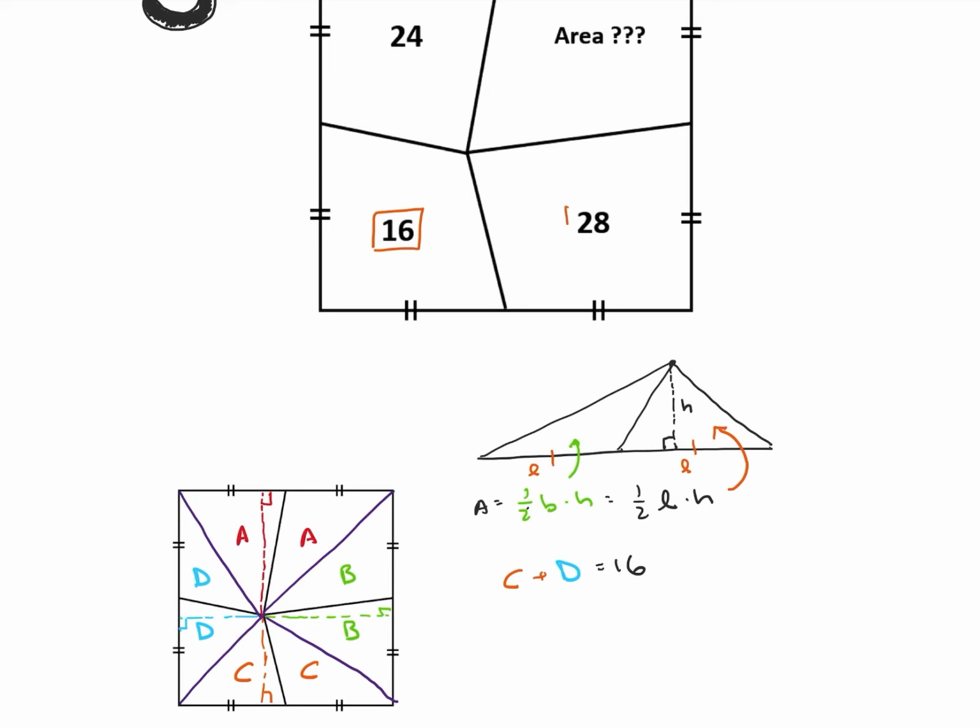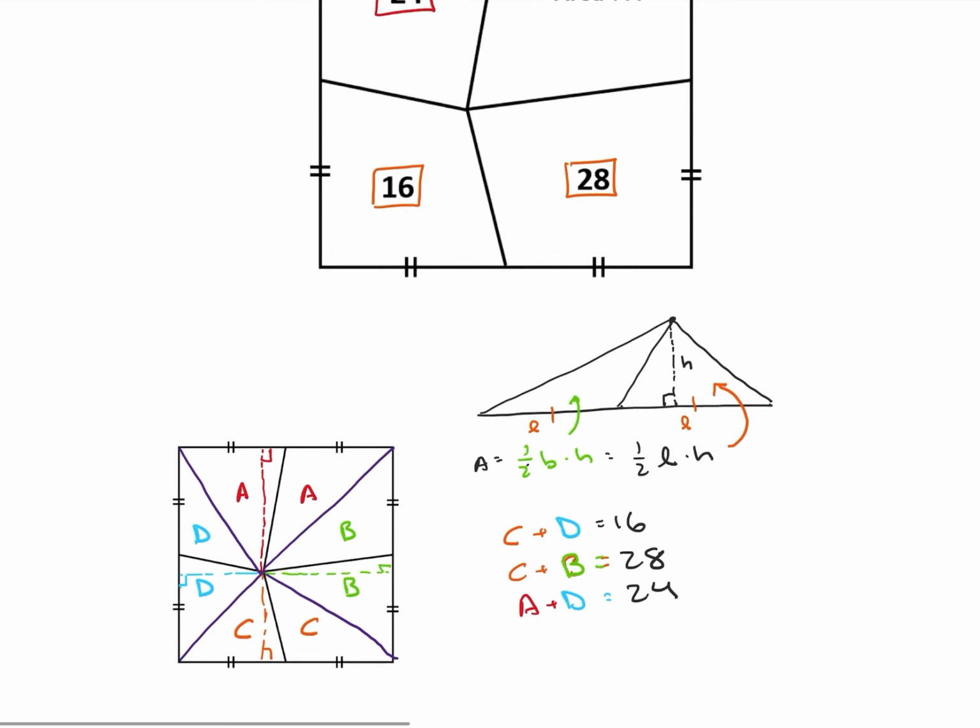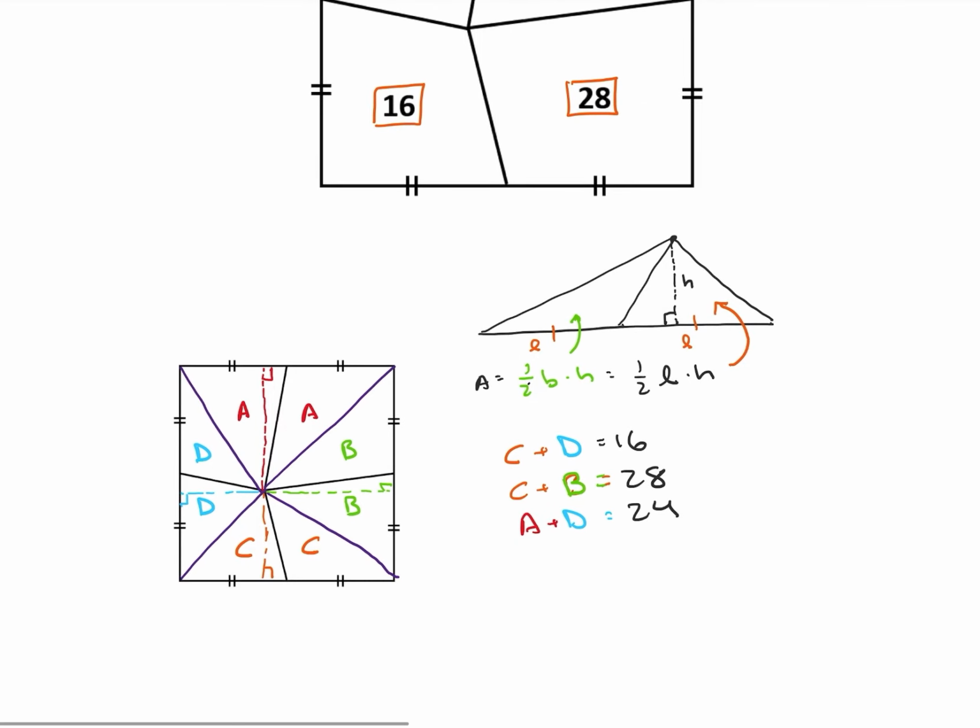Over to the bottom right, I have C plus B, sorry, that's B. So C plus B is equal to 28. And for the upper left-hand region, I have A plus D is equal to 24. Okay, so I have a few known quantities there.